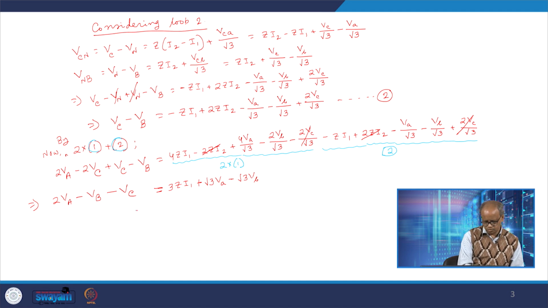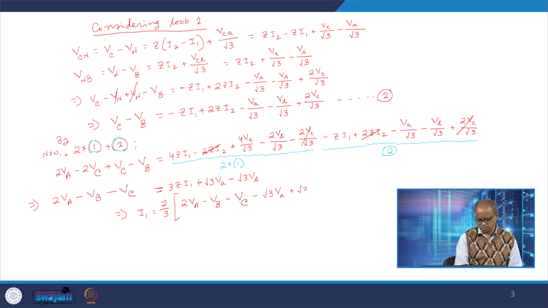So therefore from this I1 I can write down as y by 3 into 2Va minus Vb minus V capital C minus root 3Va plus root 3Vb, where y is equal to 1 by z.